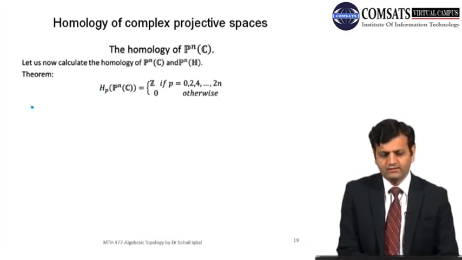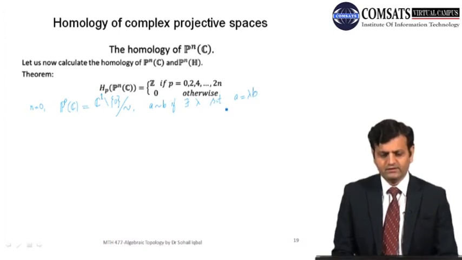So for n equal to 0, this is just going to be 1 point, because when n is equal to 0, then what we are doing is we are taking P0C, which is basically C^(0+1) = C minus the origin, and taking its quotient with the equivalence relation: a is equivalent to b if there exists lambda such that a is equal to lambda b.